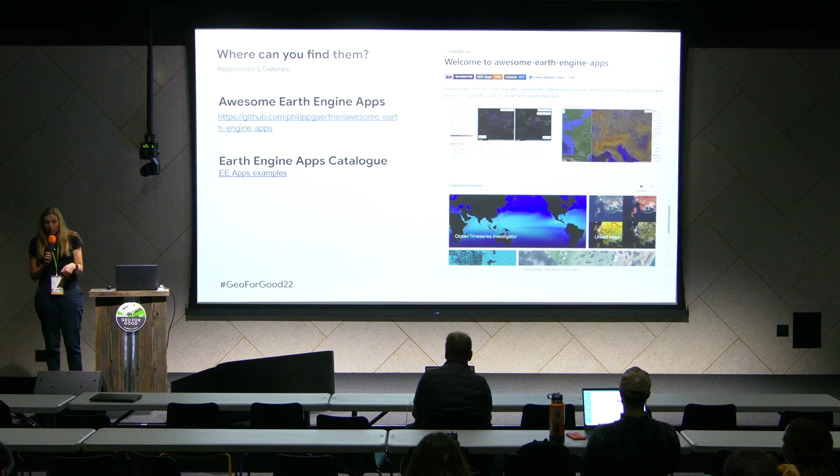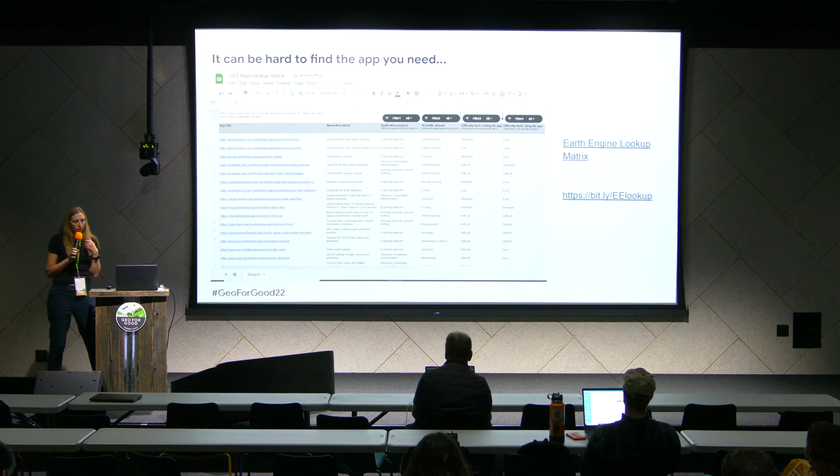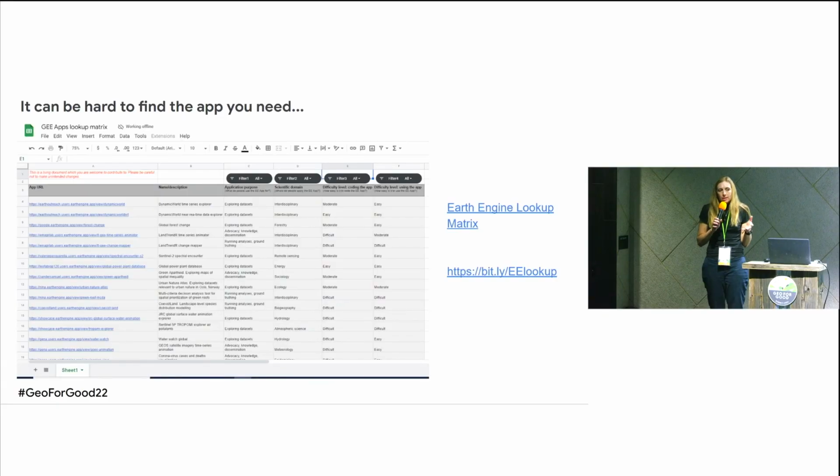So for the purposes of this session, we've put together a lookup matrix of apps, where all the apps that we've spoken about here today are in this matrix, and a few other ones as well. It's not comprehensive, but the idea is to categorize them a little bit more so that it's easier for people in this room to find some of the apps that would be relevant to them.